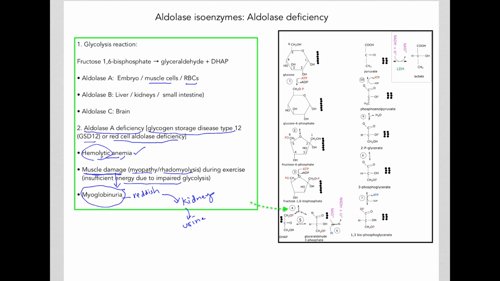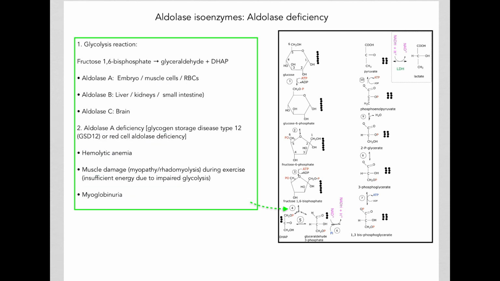That's called myoglobinuria. When large amounts of myoglobin enter the kidneys, in the tubules of the kidneys, it can clog up the tubules and cause acute kidney damage. So this can be a very dangerous situation.